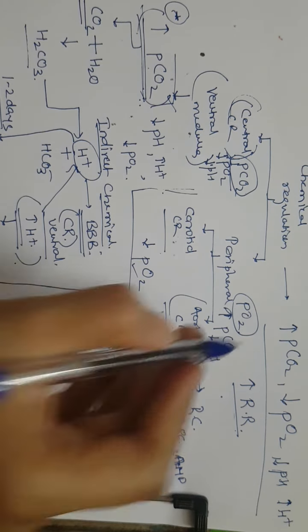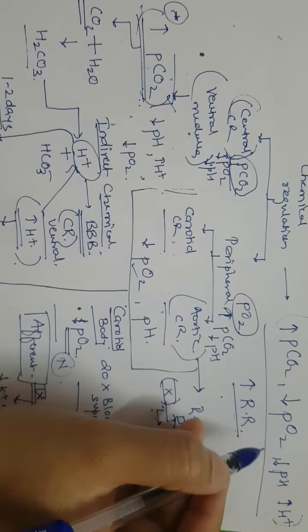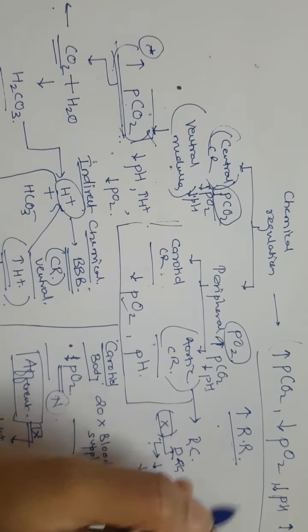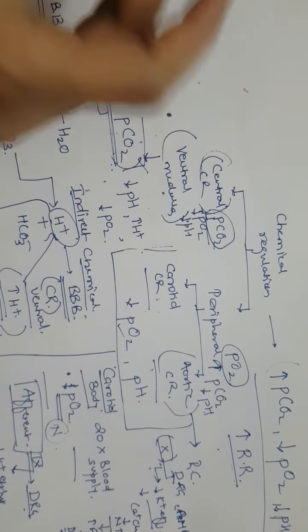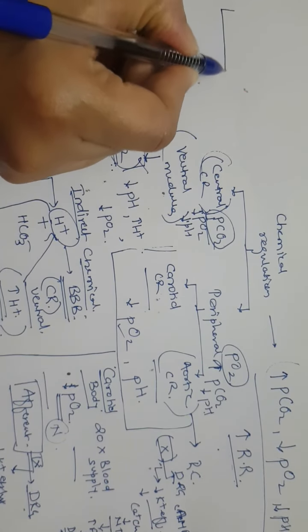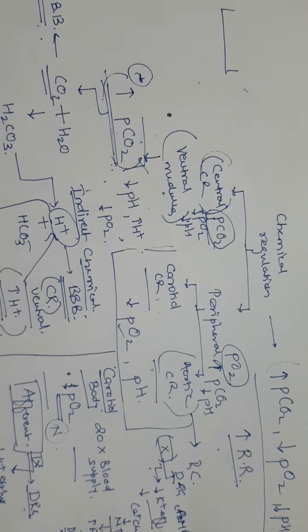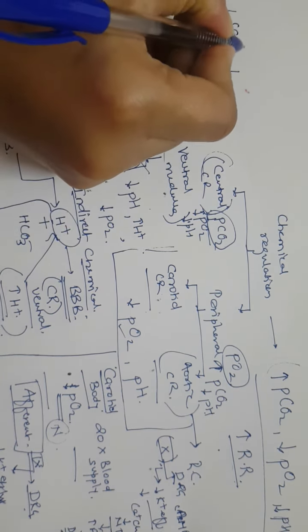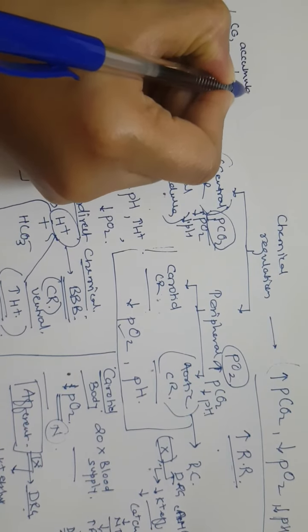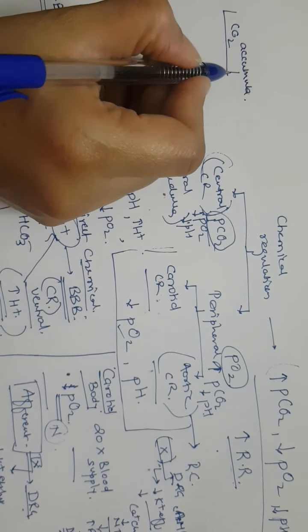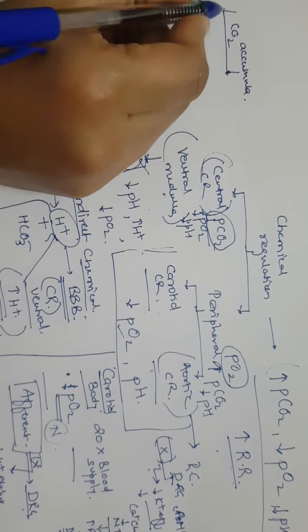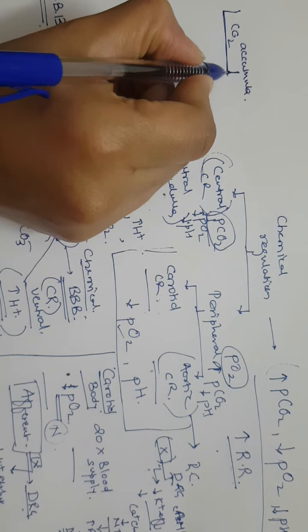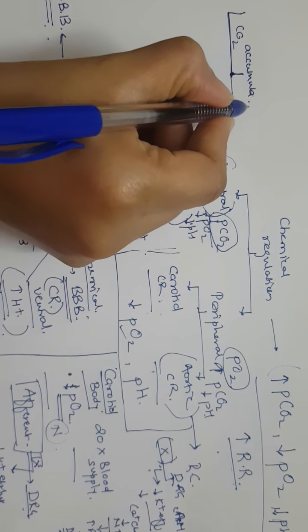So basically all these altered changes should come back to normal. If you see in a statography, if you voluntarily hold the breath, there will be CO2 accumulation. After that voluntary breath holding, if you release at that point, there will be a long inspiration.